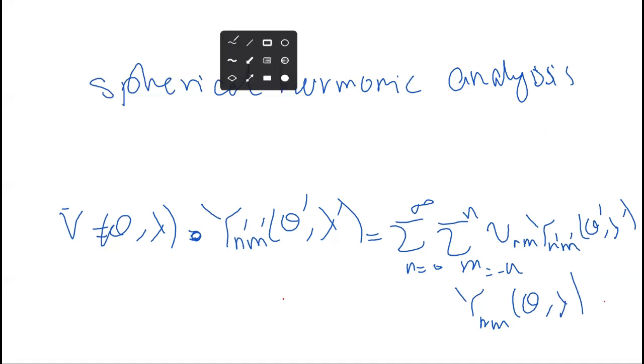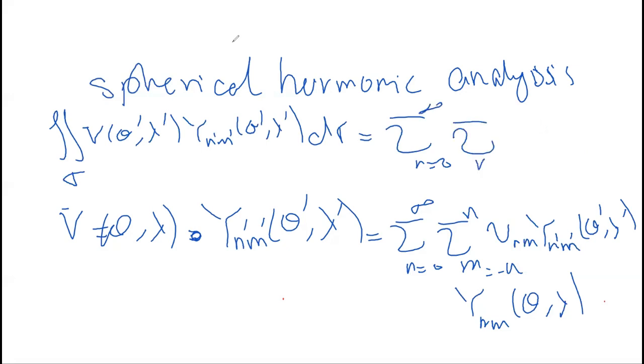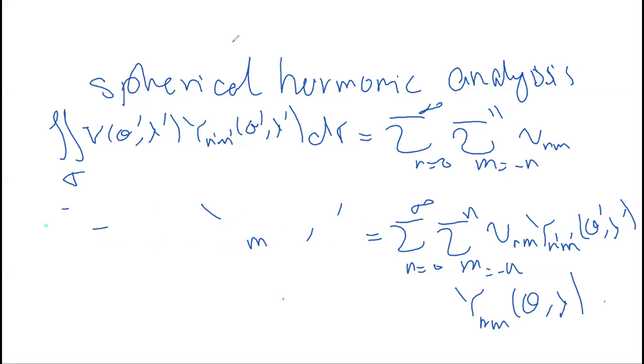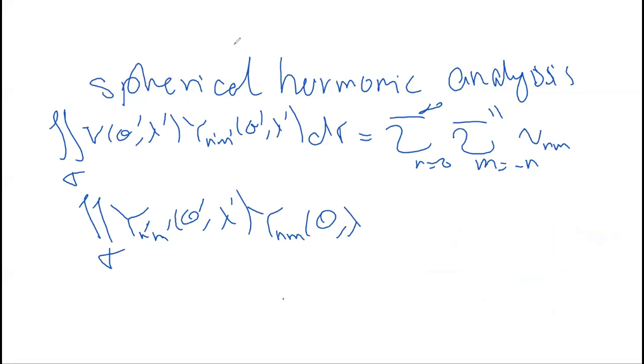It means that I will write the integral over V of theta prime lambda prime Y_n'm' of theta prime lambda prime d sigma equals the sum over n, the sum over m from minus n to n, V_nm, and I go down there, continue here, so it will be the integral of Y_n'm' of theta prime lambda prime multiplied by Y_nm of theta lambda d sigma.